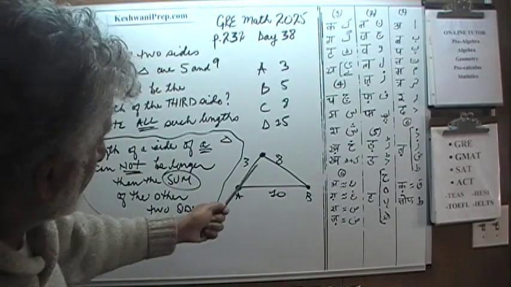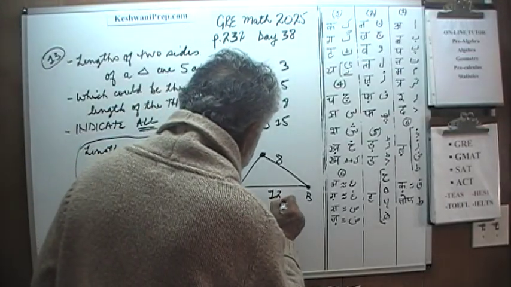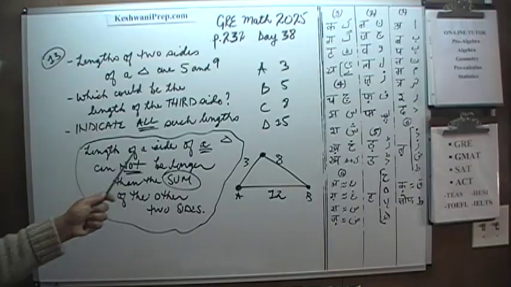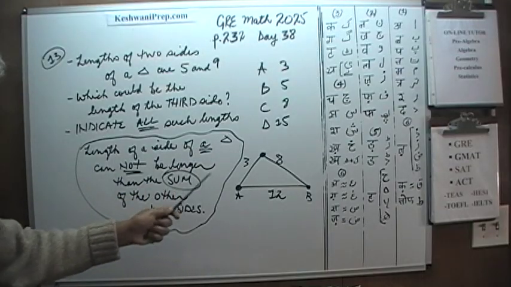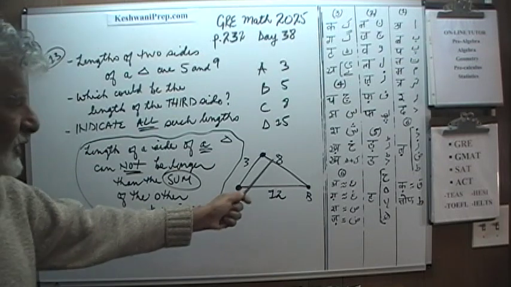I meant to say, if this is 11, this cannot be 12. The length of a side of a triangle cannot be longer than the sum of the other two sides.